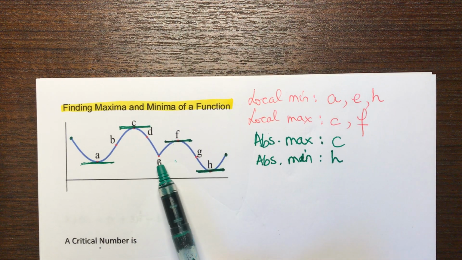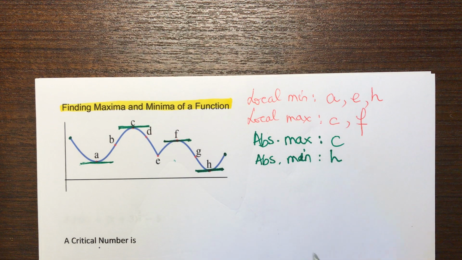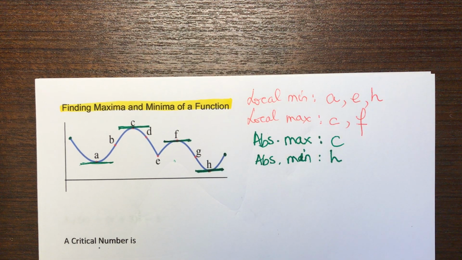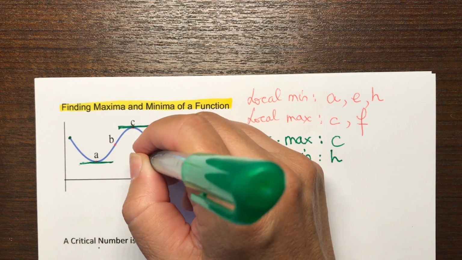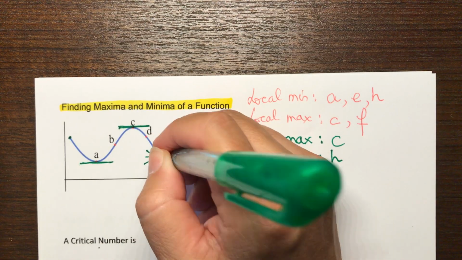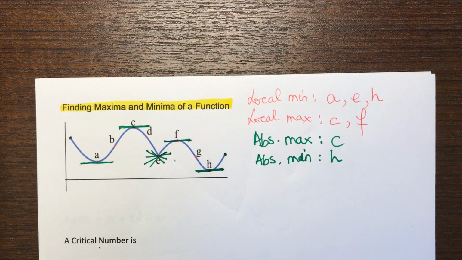What can you tell me about E? I skipped over this E. What sort of a tangent line do I have there? Now, if you remember anything from 1.6, you're probably yelling right now at the screen saying there is no tangent line. Why? Because it's a corner. So at a corner we cannot take a derivative because there isn't just one tangent line right there.